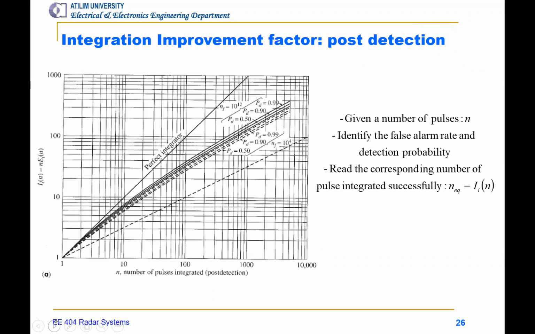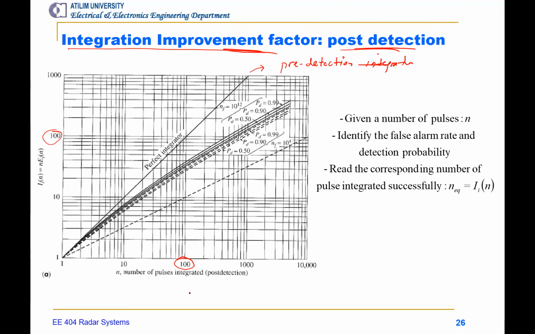So here we see integration improvement factors for post-detection. This is for pre-detection integrators. So the number of pulses integrated here is equal to the integration improvement factor, so 100.